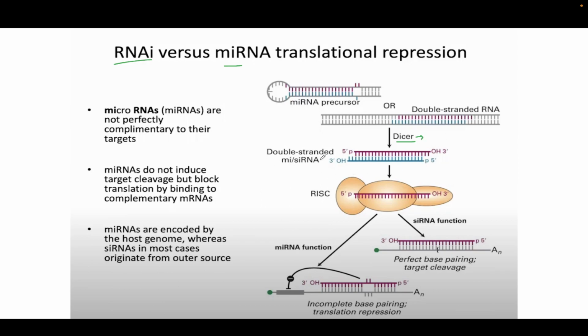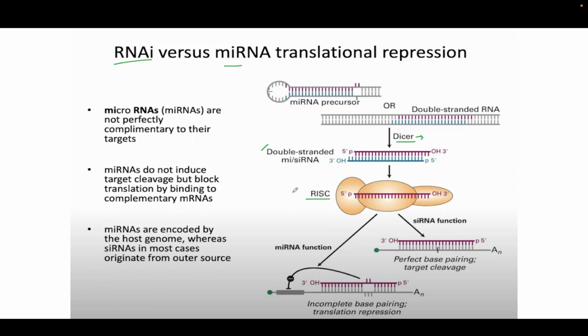And this double stranded miRNA or siRNA is here. I am talking about this part or this part, whichever it is, no issue. That will be followed by the RISC. So what is RISC? It is also important for small RNA production, and the full form of RISC is RNA induced silencing complex.